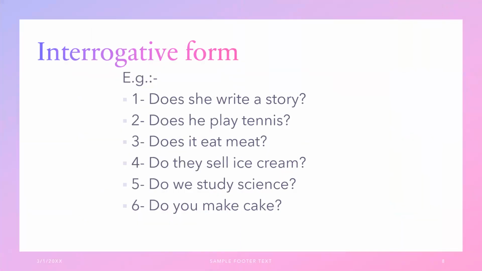Next, we will be seeing the interrogative form of sentences written in simple present tense, in simple words, that is question form. Example number 1. Does she write a story?